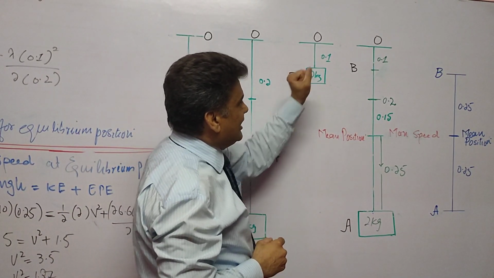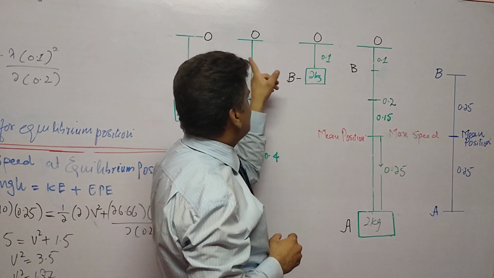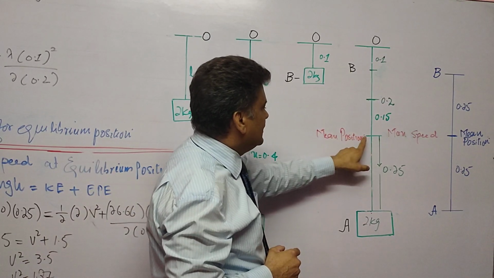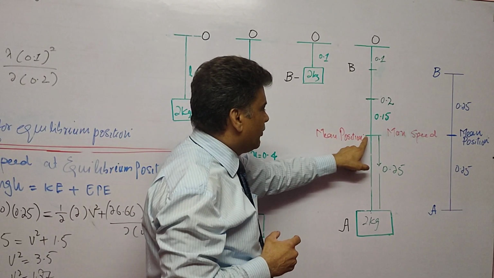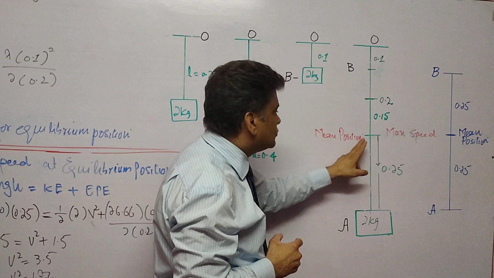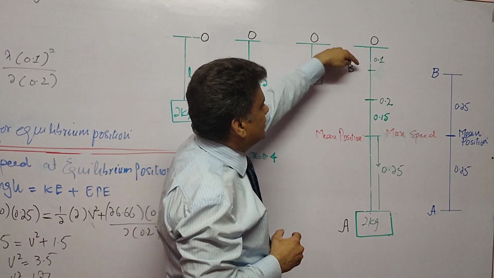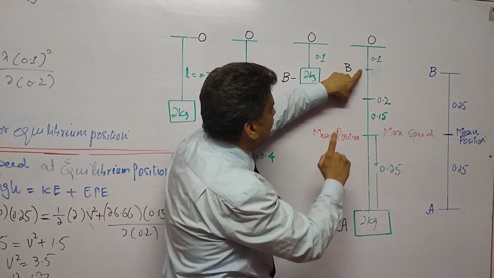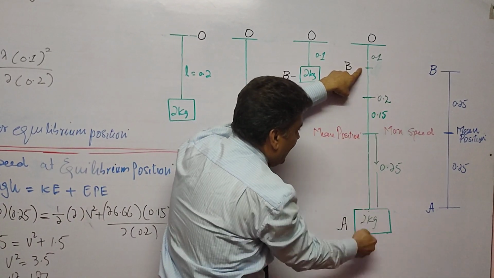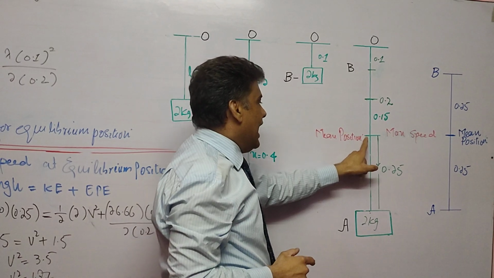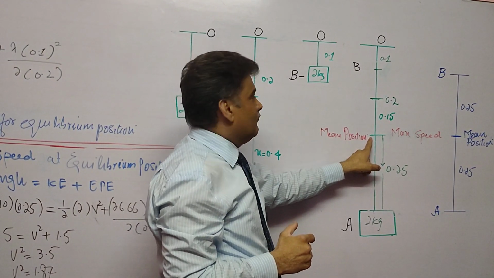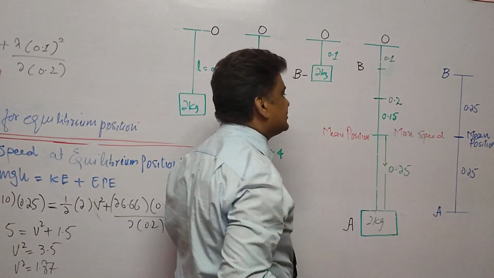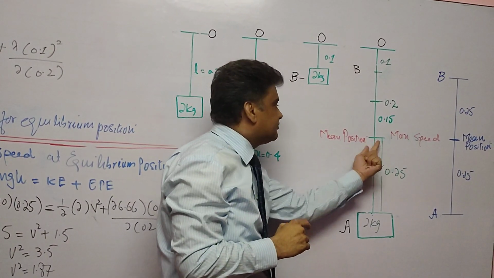Why? Natural length of string is 0.2, extension is 0.15. This place is 0.35 meter below O. If we neglect 0.1 from above, the remaining distance from B to A is 0.5, and this is the mean position. When the particle completes its motion, it will finally stop at this position.